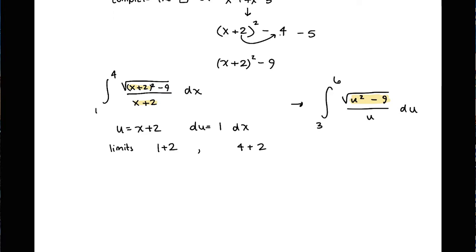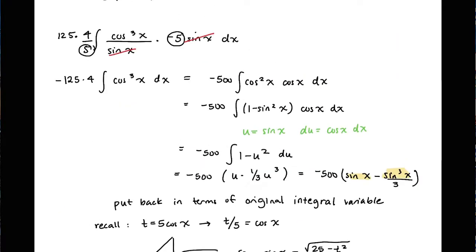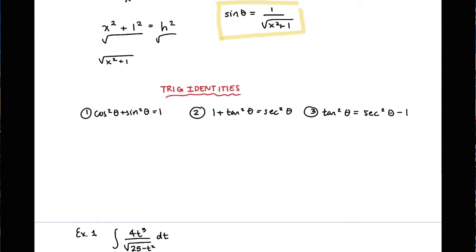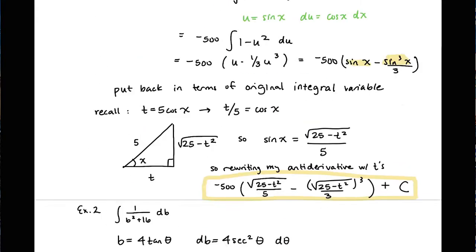If we try and go sine and cosine, you're going to get something that's going to have a negative. It won't quite work. This is the kind of expression that lends itself well to that identity here, where tangent squared equals secant squared minus 1.